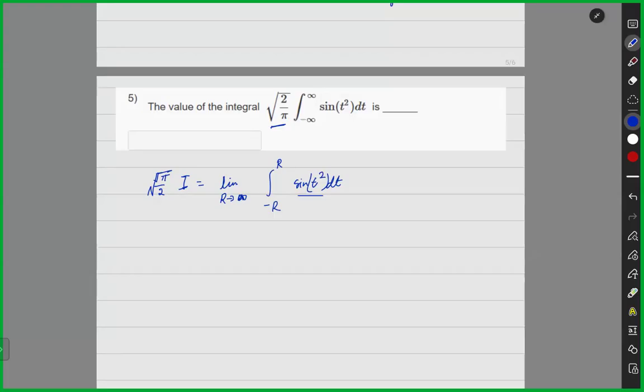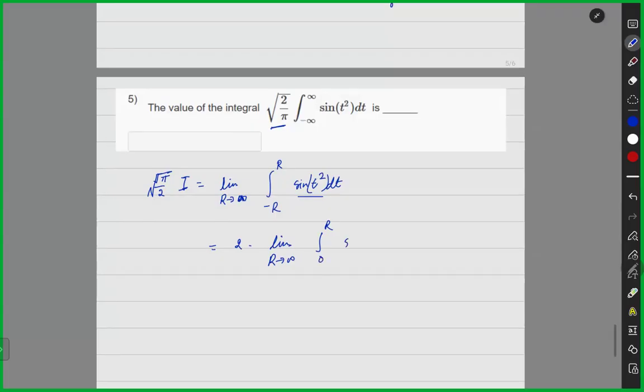So what can we write for this function? This further can be written as 2 times the limit r tends to infinity, not from minus r to plus r now, but from 0 to r, of sine t square dt.